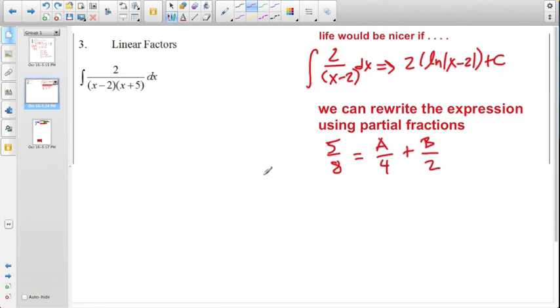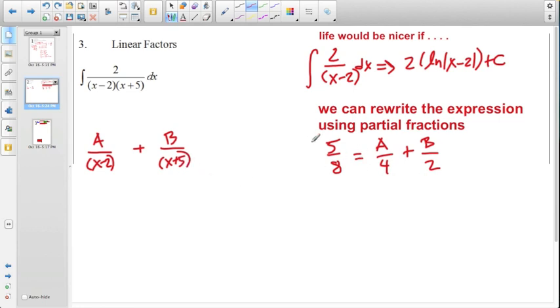And so we're going to do that and kind of use that technique over here. So we're going to split this into something over x minus 2 and something else over x plus 5.